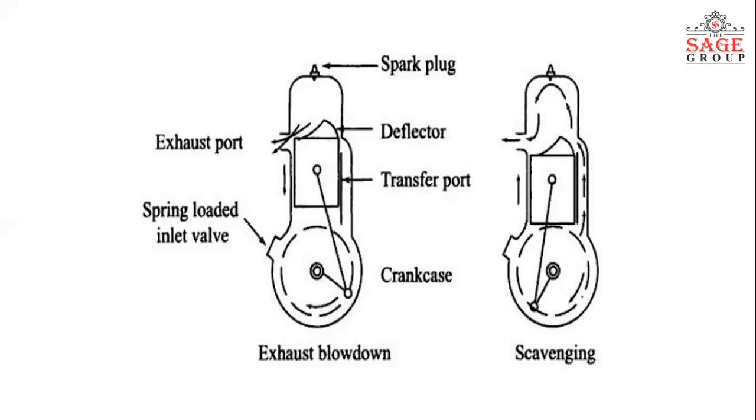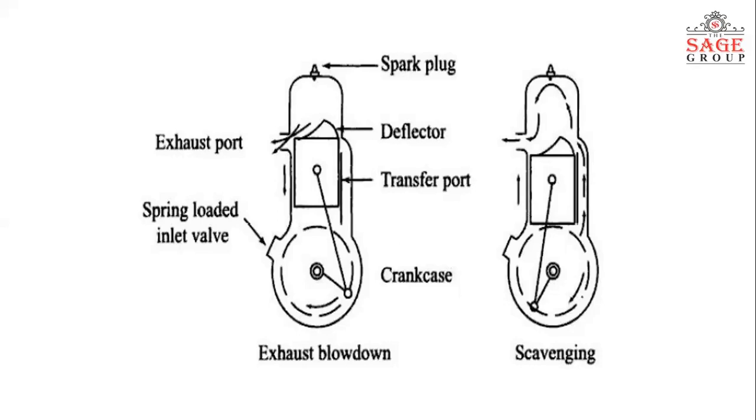In the four-stroke engine, these operations are performed by the engine piston during the suction and exhaust strokes separately, respectively. But in a two-stroke engine, the filling process is accomplished by the charge compressed in the crankcase or by a blower.